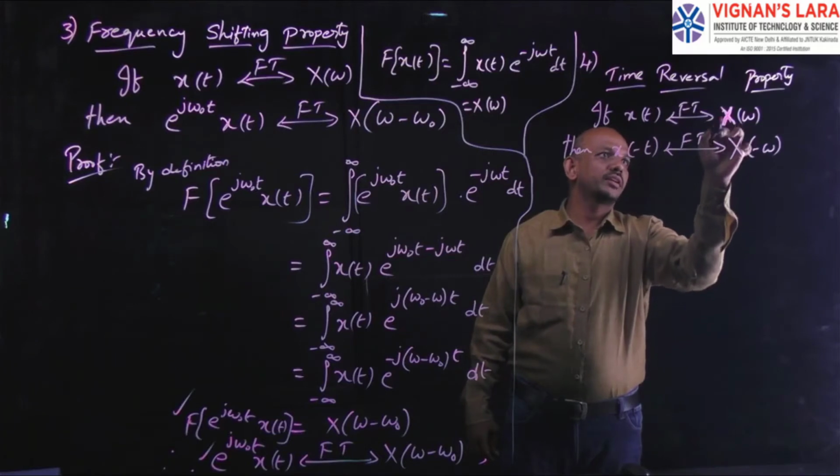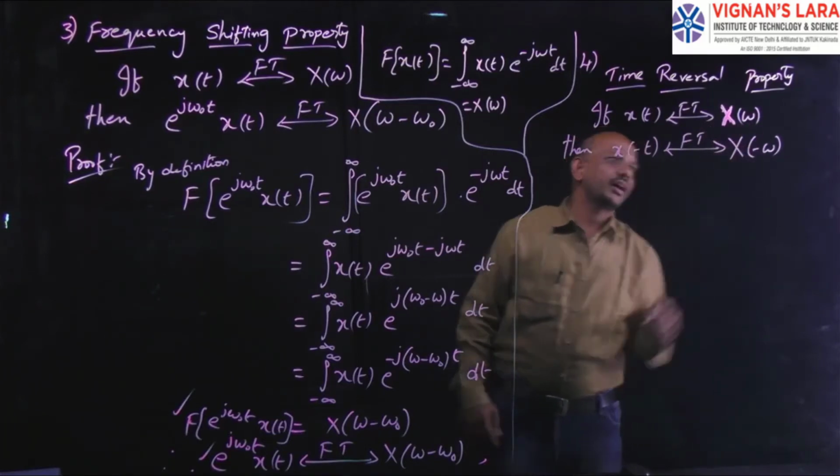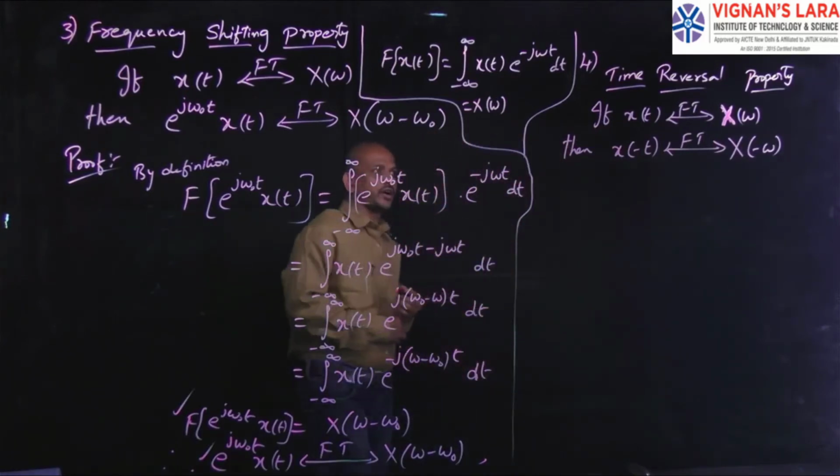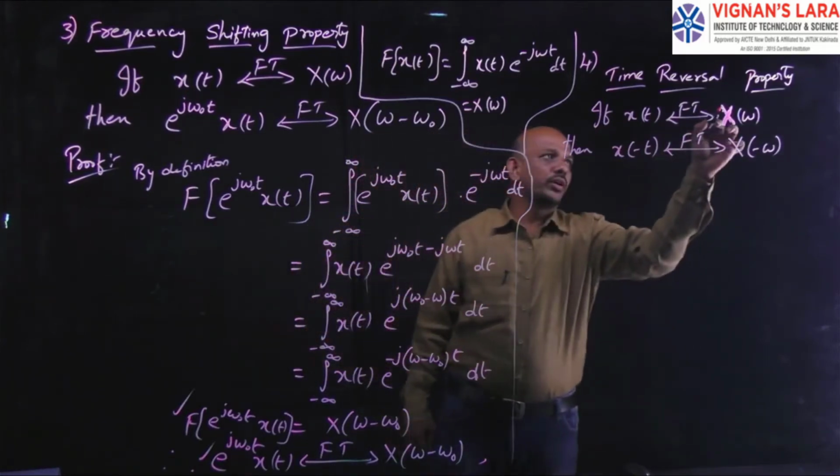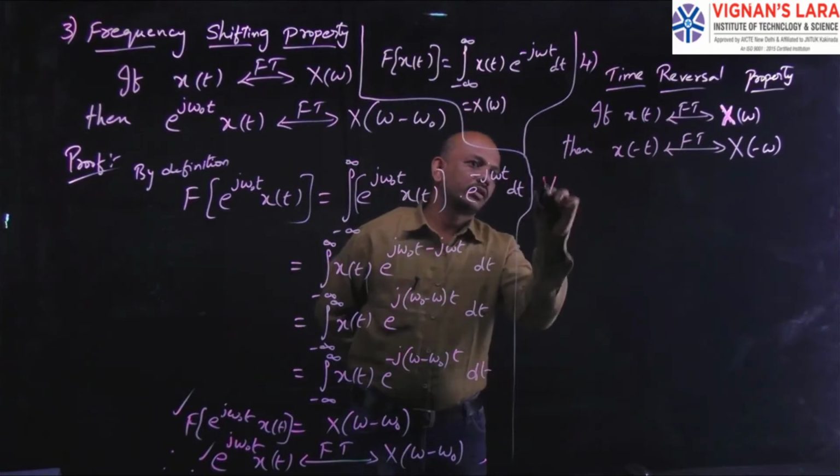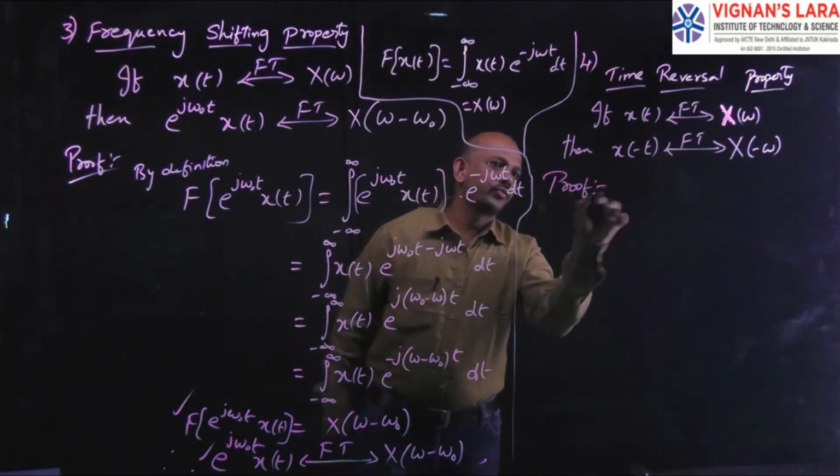This is capital X. Capital X of minus omega. Clear? Now we go for the proof.